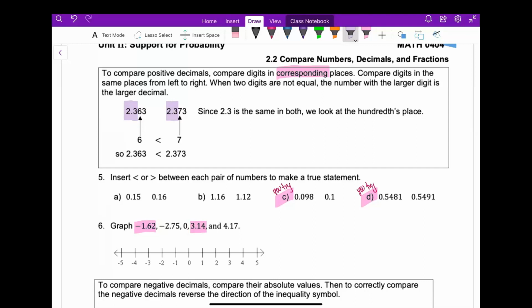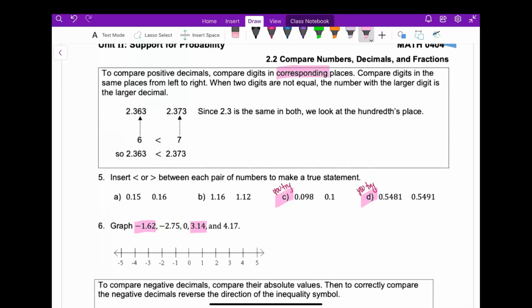Emphasizing the 6 and the 7, the 6 is smaller than the 7. Therefore, this number is the larger one, and this number is the smaller one, because the 7 is larger than the 6. Again, these are both positive numbers, and that is very important.